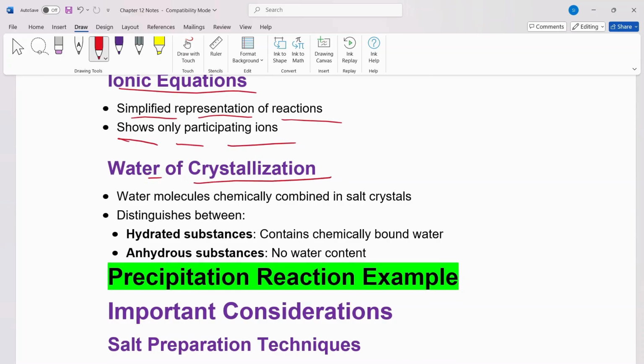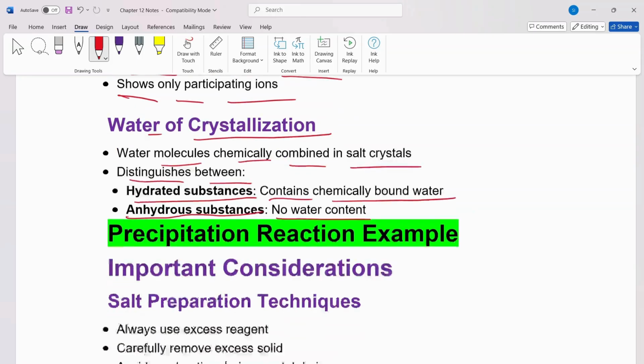Water of crystallization: water molecules chemically combined in salt crystals. It distinguishes between hydrated substances that contain chemically bound water and anhydrous substances where there is no water content.